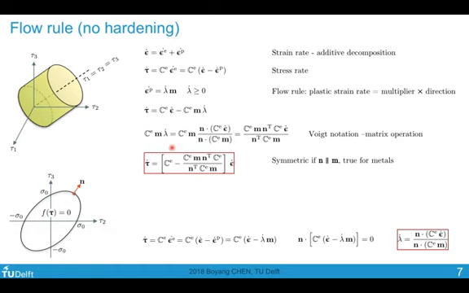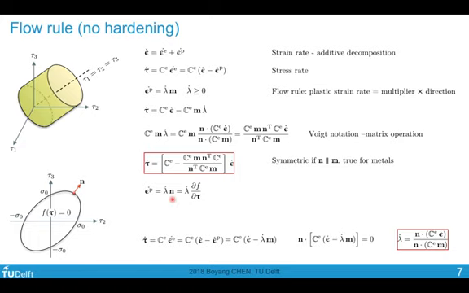Note that this tangent modulus is symmetric if n and m are collinear, and experimental evidence has shown that this is the case for metals. Basically, we got rid of one unknown, which is m, for metals. This is called the associated flow rule.